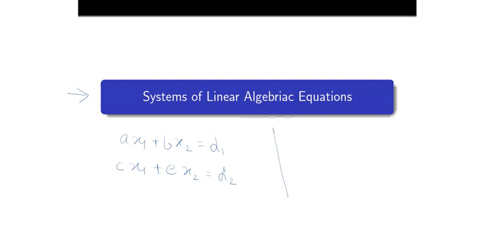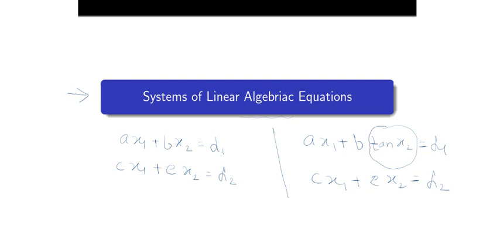However, if you have ax1 plus b times tan of x2 equals d1, and another equation cx1 plus ex2 equals d2, here there is a transcendental function of the unknowns. These x1 and x2 are the unknown variables.